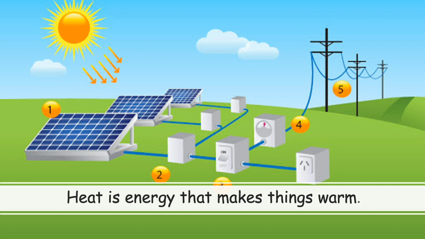Next, heat energy that makes things warm. Okay, so the heat from the sun. Do you see the picture here? These are solar panels. The heat of the sun gives energy to this technology, the solar panel.